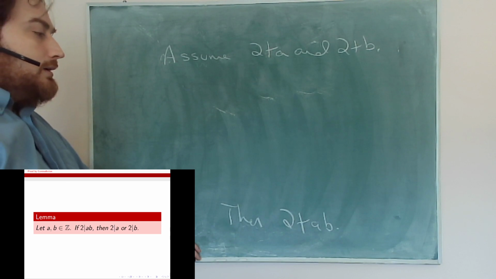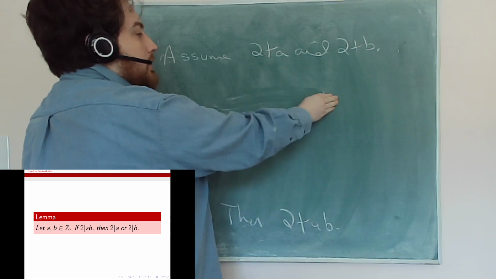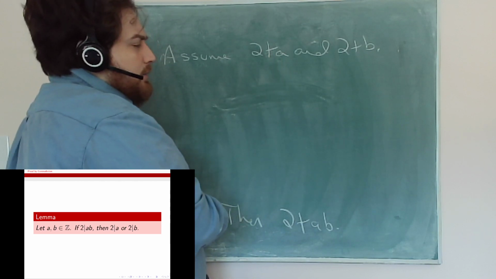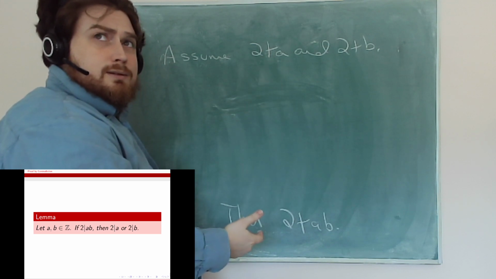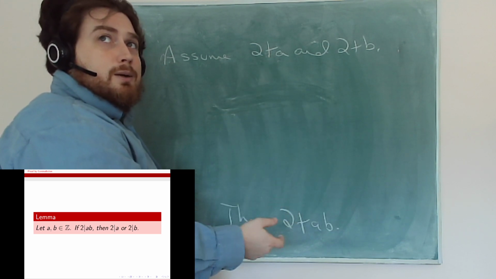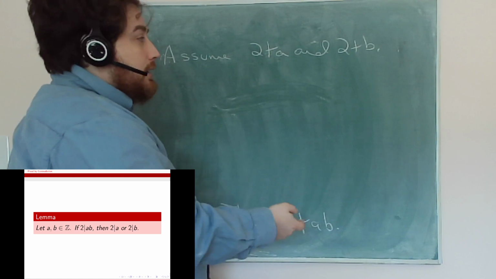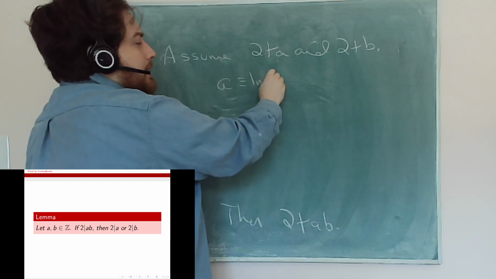Now, what I want to point out here is, if 2 does not divide A, remember that if 2 divides A, we're even. So if 2 does not divide A, we're odd. An equivalent way to say that we're odd is to say that A is congruent to 1 mod 2.